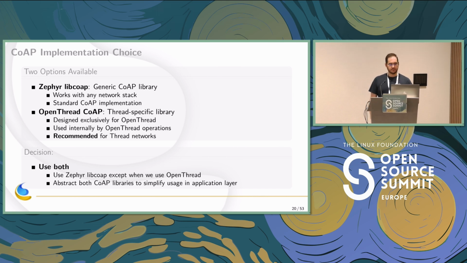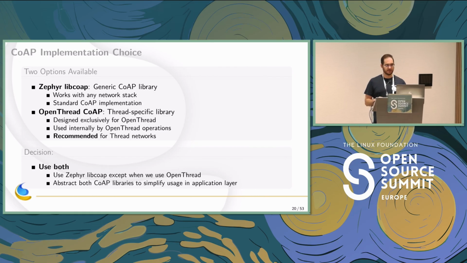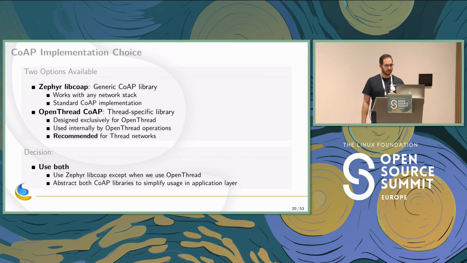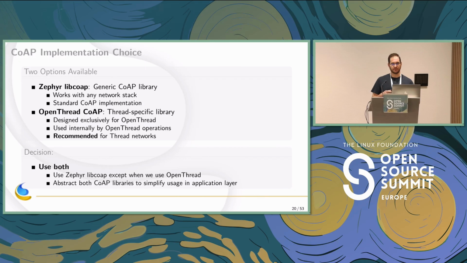For implementing the application layer, I had two choices for CoAP. Zephyr provides its own CoAP library, which provides a lot of helpers and is quite easy to use. But OpenThread also provides its own library, which works a little bit differently.